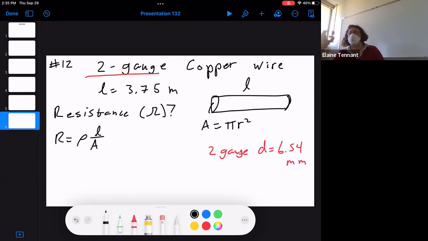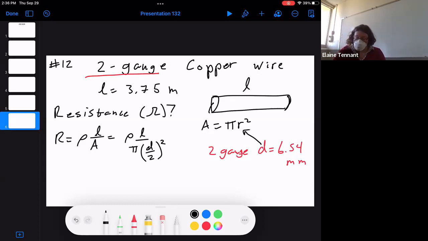You can say millimeters, you can say gauges, and you know you have to do the conversion, but it's a standardized unit. Okay, I got my 2-gauge, so I know the diameter. How am I going to relate that to radius? Half of the diameter, so I could just say this is d over 2 squared, like that.